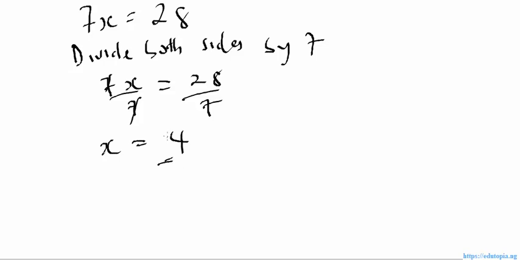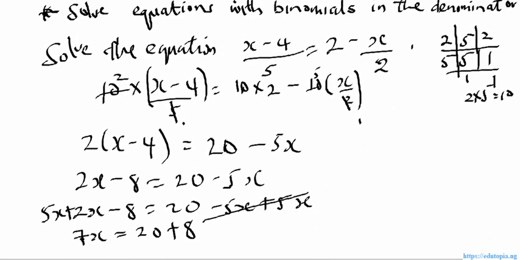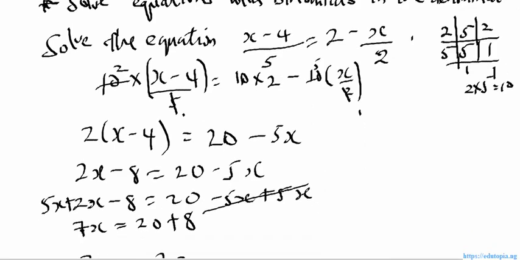Now our answer is 4. Since our answer is 4, we have to check to see if truly we are right. We're going to check the left hand side and also the right hand side, because we were told at the beginning that x minus 4 over 5 is equal to 2 minus x over 2.